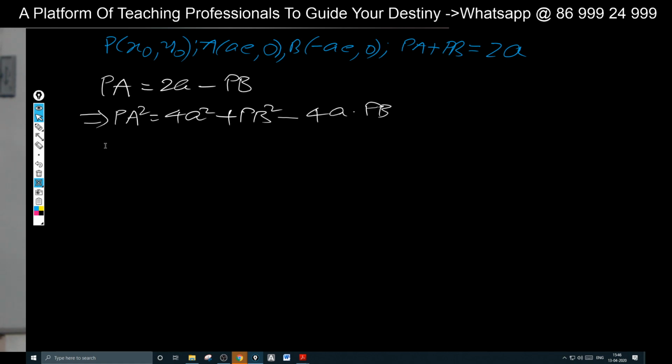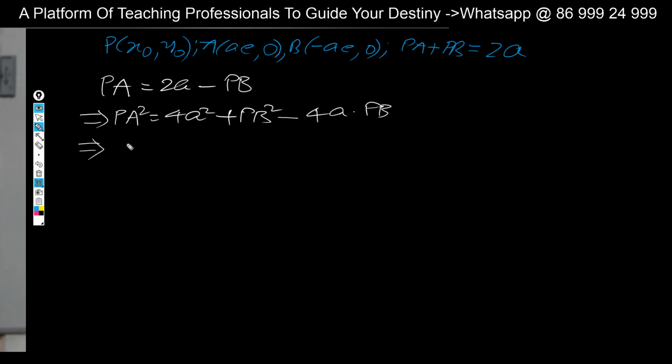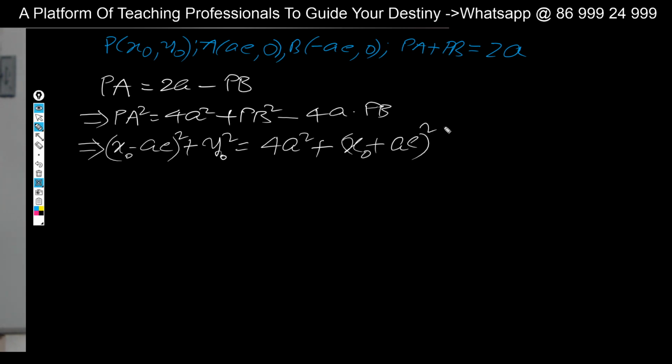Now if you apply the formula, it is very much similar to the previous problem. x naught minus ae whole square plus y naught square is equal to 4a square plus x naught plus ae whole square plus y naught square minus 4a into PB.